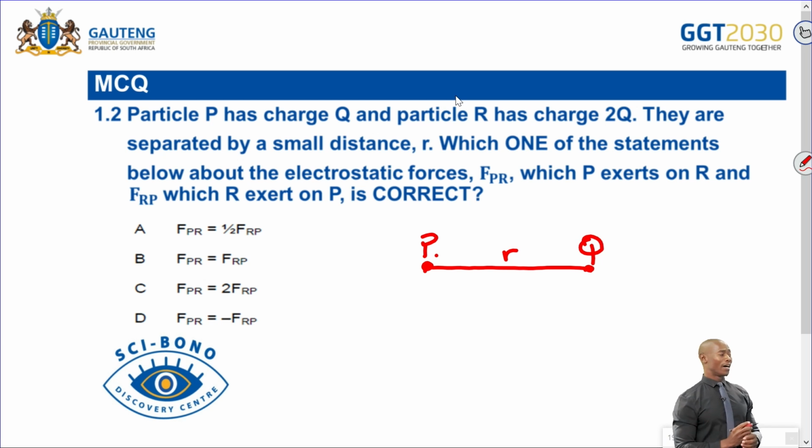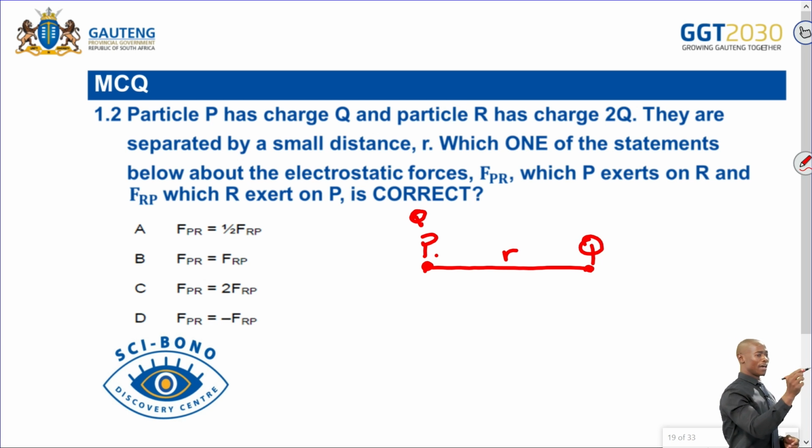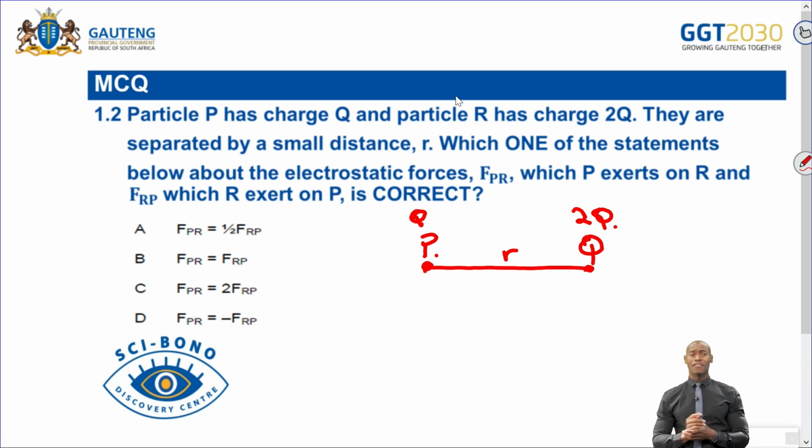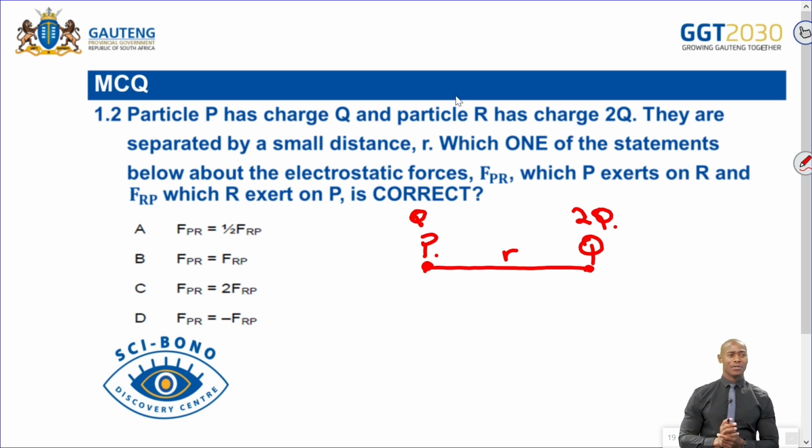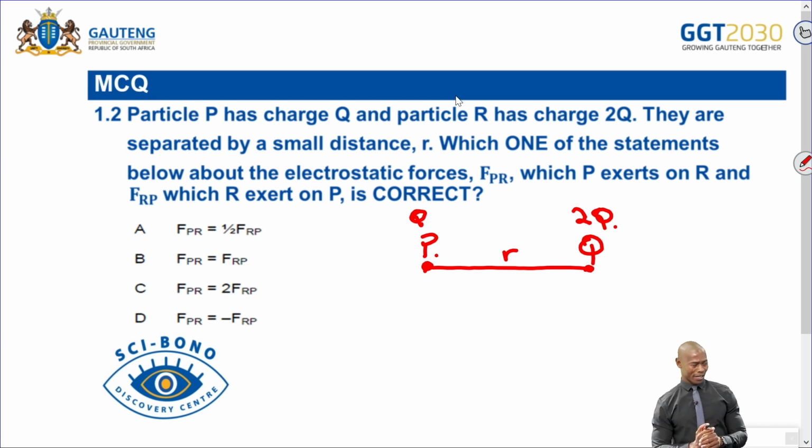This one is Q, and this one is 2Q. Which one of the statements below about the electrostatic forces FPR, which P exerts on R, and FRP, which R exerts on P, is correct?